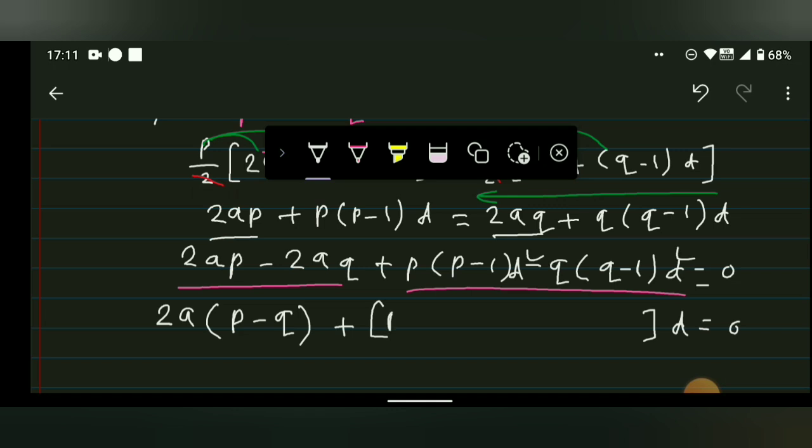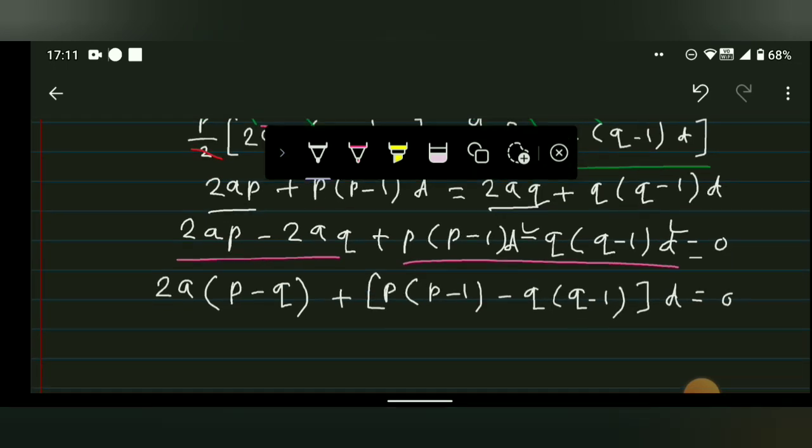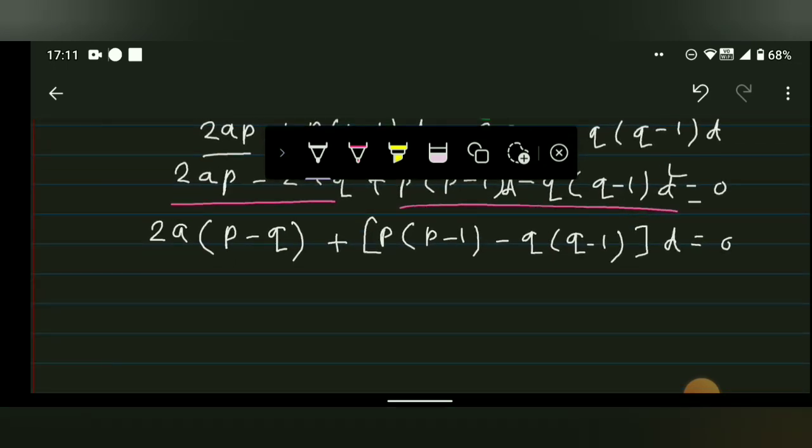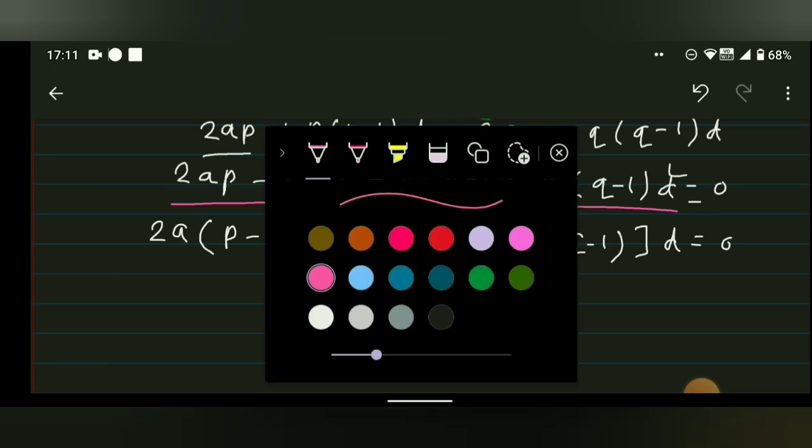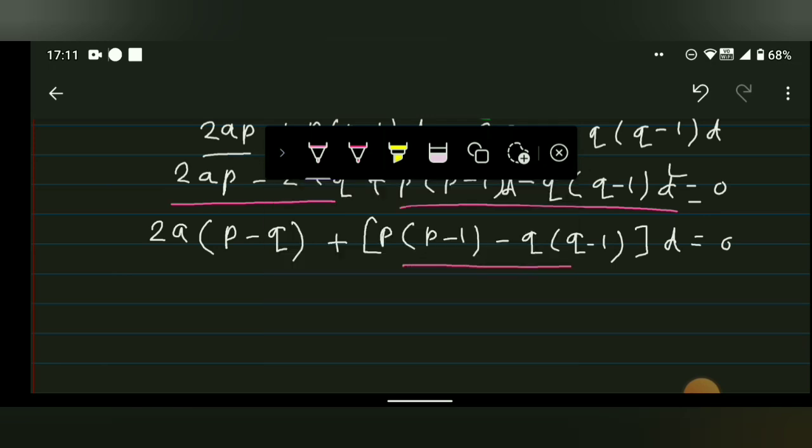So in the bracket there is left only p into bracket (p minus 1) minus q into bracket (q minus 1). Now the next three or four steps will be the calculation within this bracket.